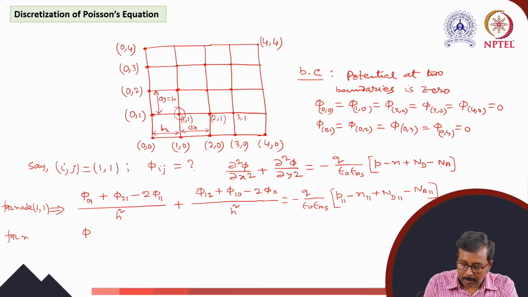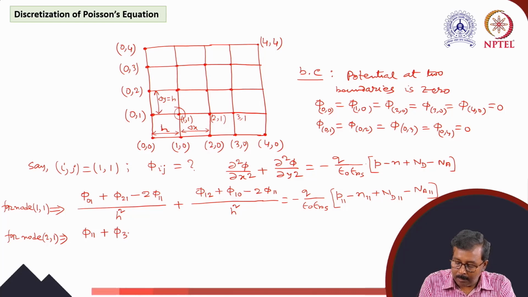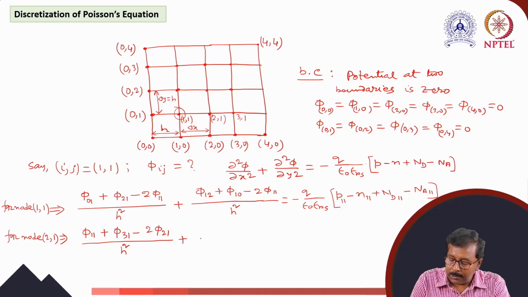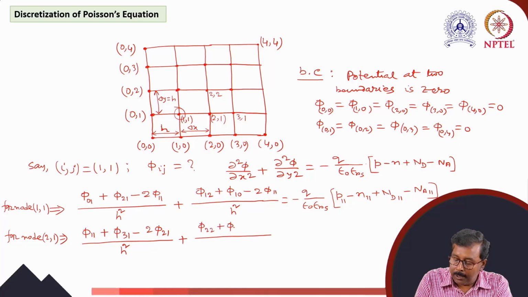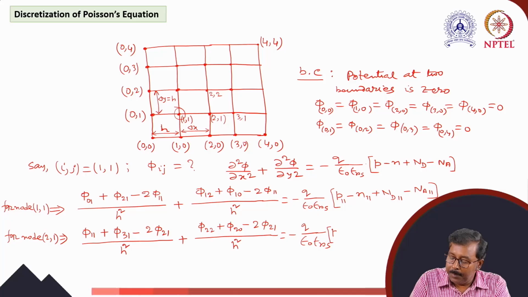This is for node say 2 comma 1. So phi 1 1 plus phi 3 1 minus twice phi 2 1 divided by h square, plus this point will be 2 2, this is 2 0, so phi 2 2 plus phi 2 0 minus twice phi 2 1 by h square is equal to minus q by epsilon 0 epsilon rs into p at 2 1.